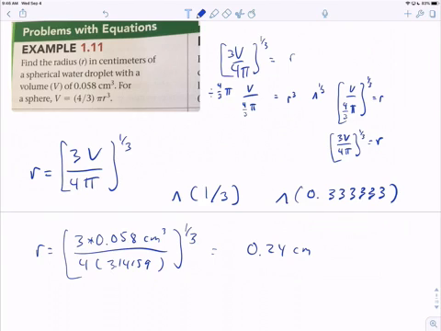So for this one, let's say we did it the other way around. I would be calculating 4/3 pi and get that number, then divide it by the volume, and then I would take that number to the third power. That's what I would do if I didn't do the algebra first, and that involves putting numbers in my calculator 3 times versus 1. So both ways are valid though.